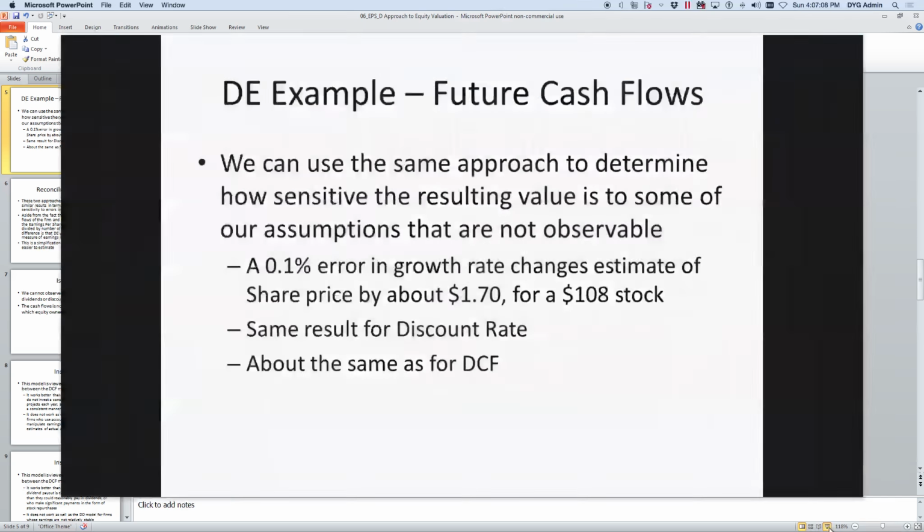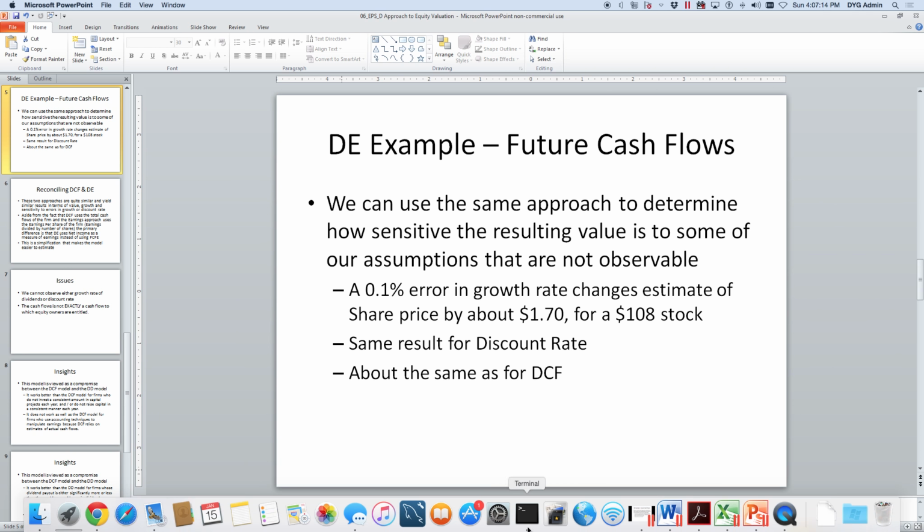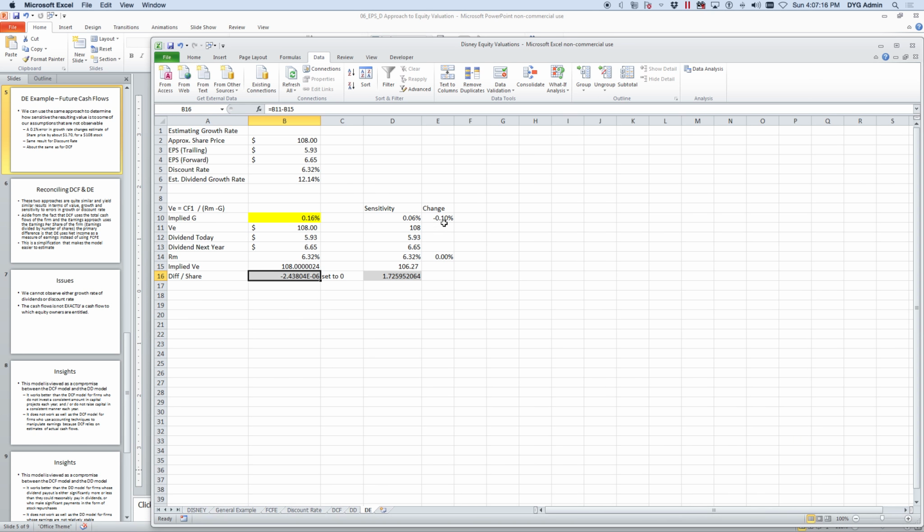Sorry. We also did a sensitivity analysis for this approach. And you can see that over here. Again, if you put in minus 0.1%, so your growth rate's 0.06 instead of 0.16, the value goes up by about 1.72.